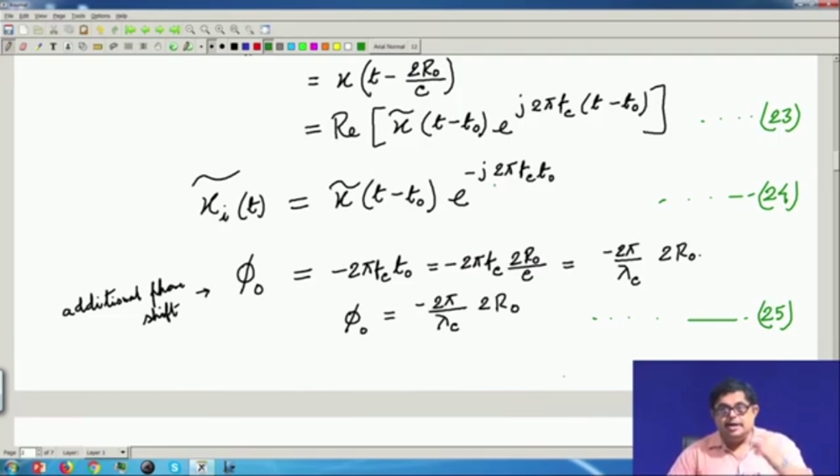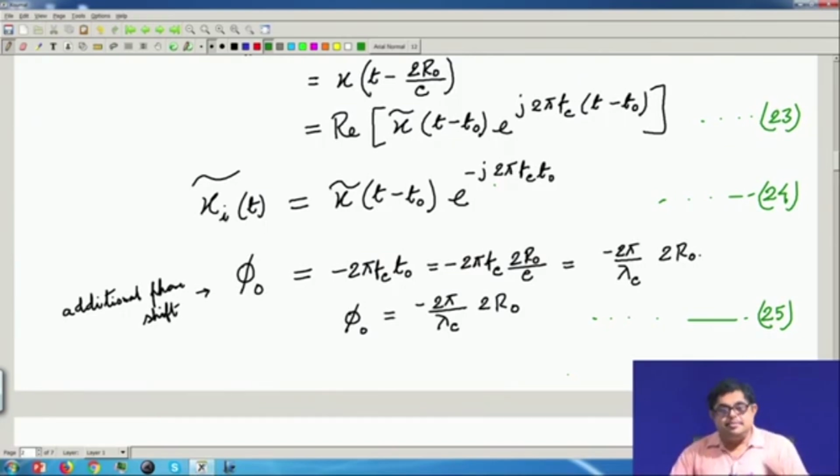Suppose the range R naught is changed, but you see that a change in range R naught can give rise to a large change in the phase. So, that is why this phase term will be treated as a random variable with uniform PDF in the interval 0 to 2 pi.